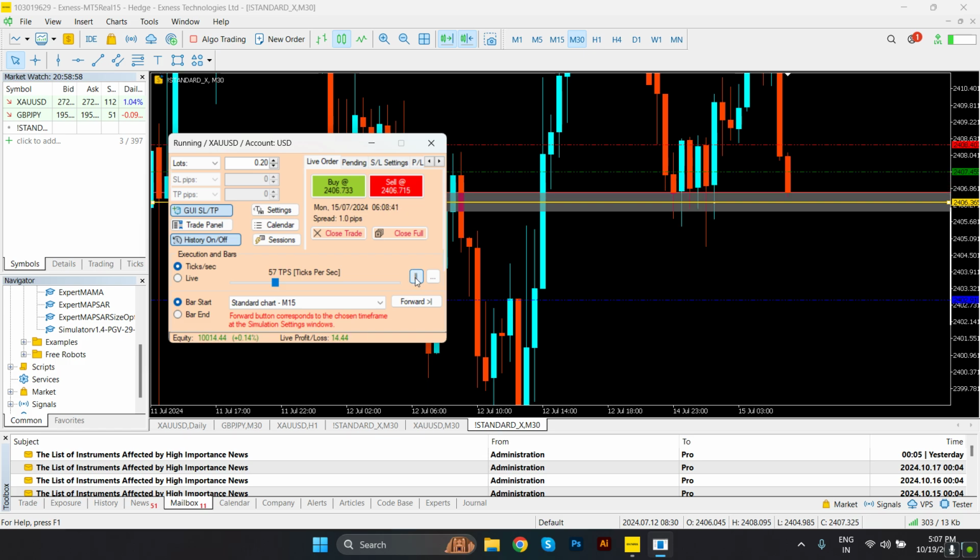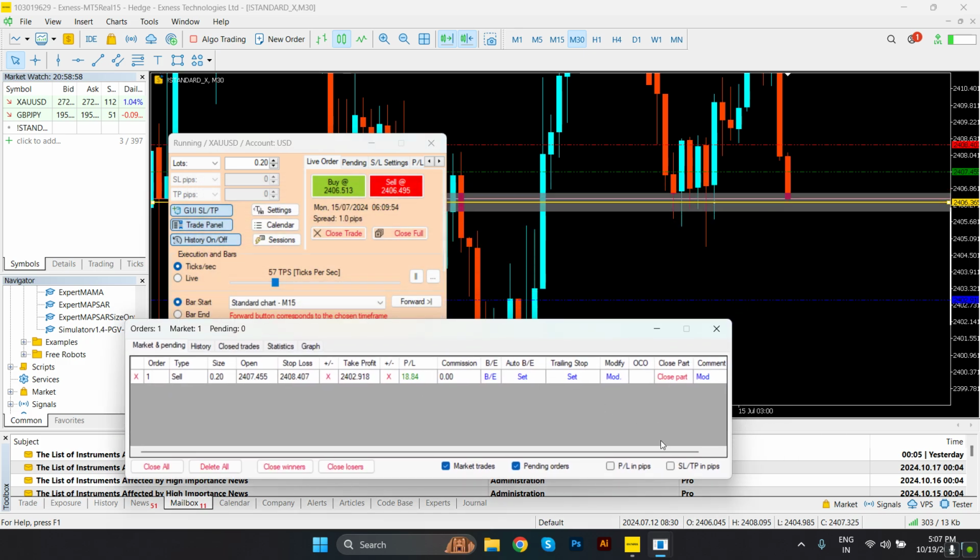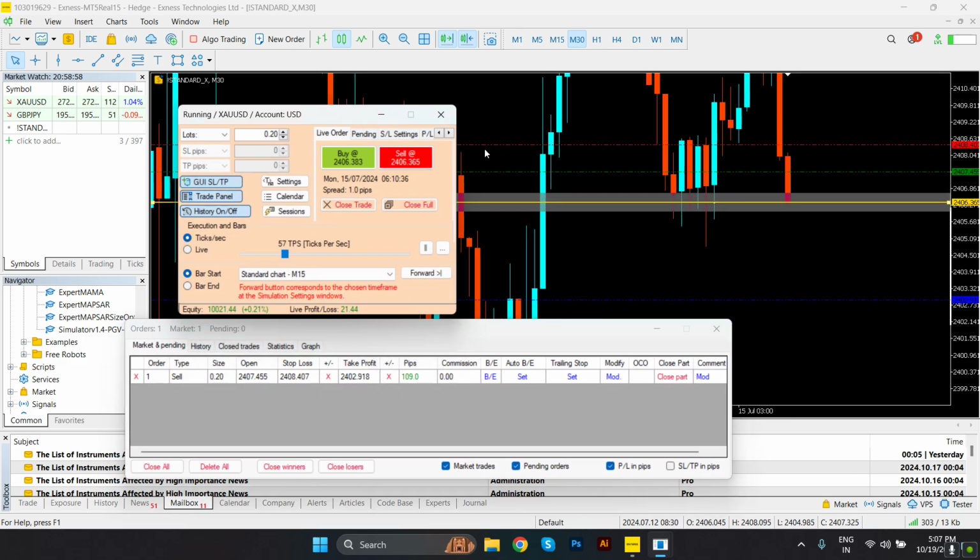Okay, we are pushing down, we're pushing down, we are up like 10 pips. So now this candle should continue pushing down. We are up like 10, 12 pips, 13 pips.